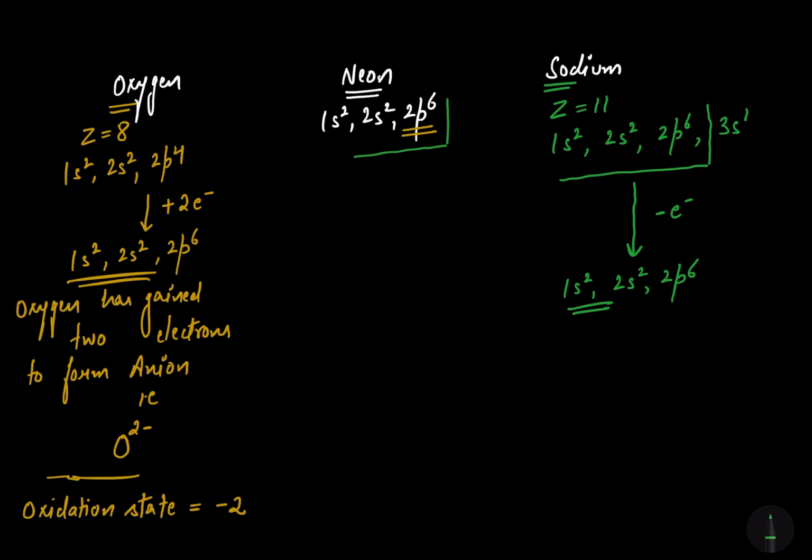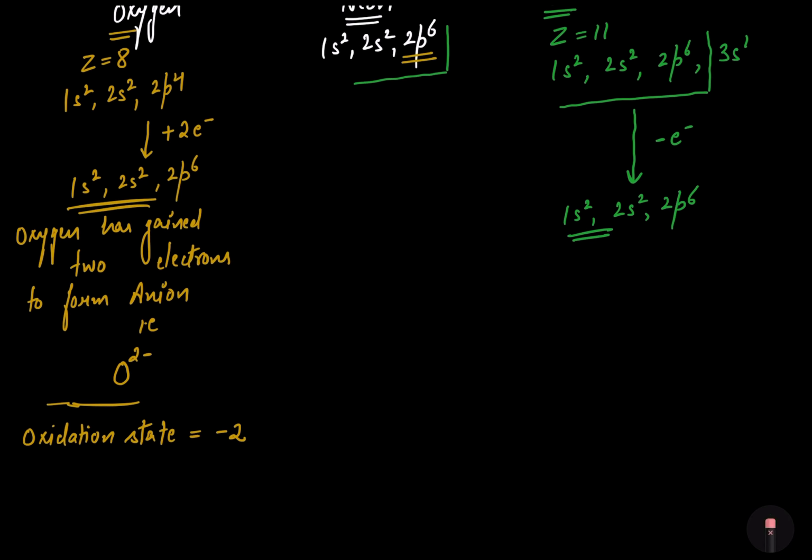Here sodium has lost 1 electron to form a cation and acquire stable noble gas configuration.